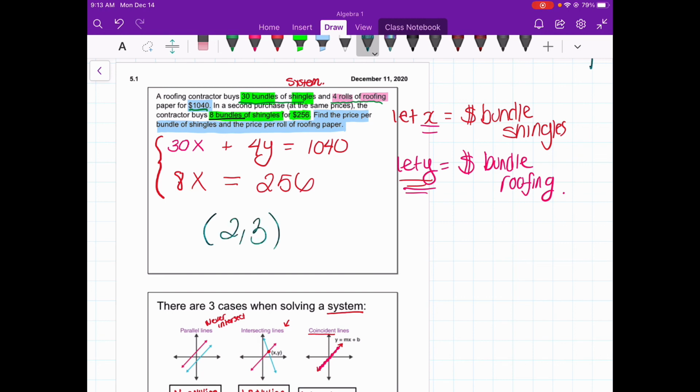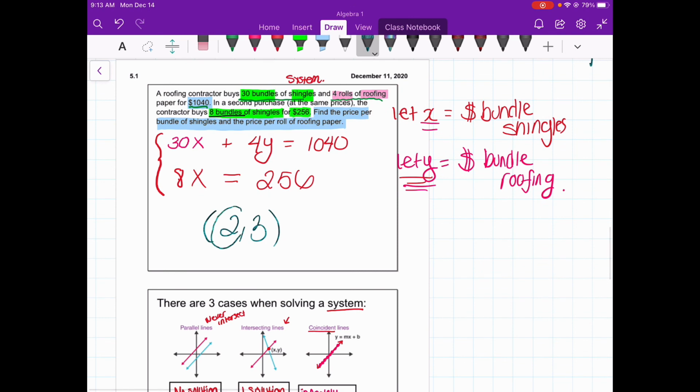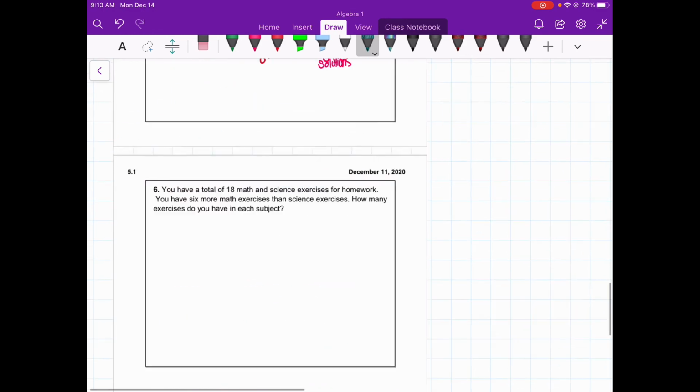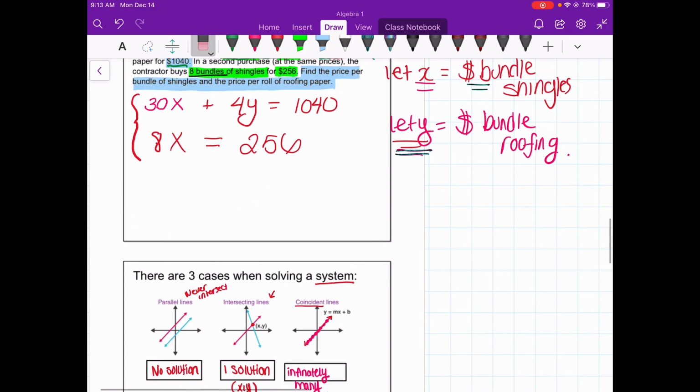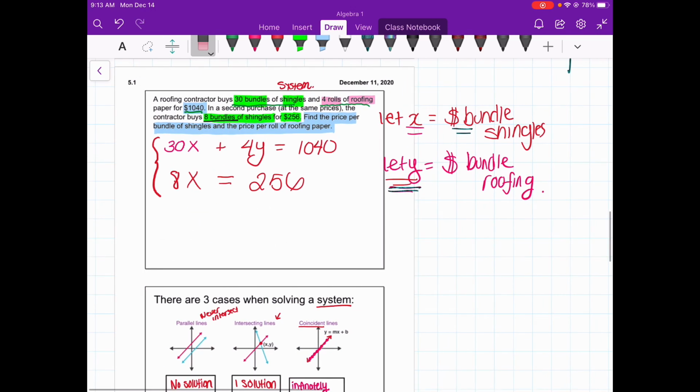If it were a solution, you can say that X, the cost of shingles, would be $2, and Y, the cost of roofing, would be $3 per bundle. So again, this one was just a setup, and we'll go over more types of word problems in class, right?